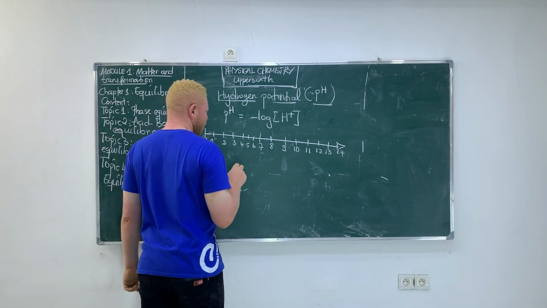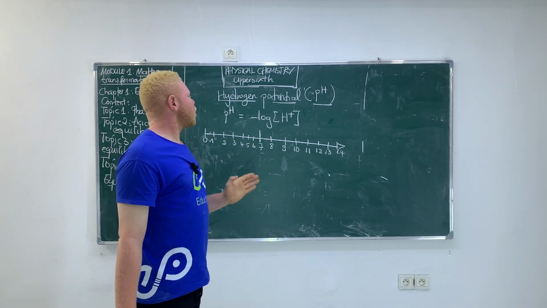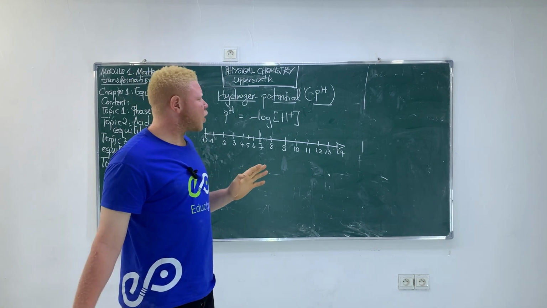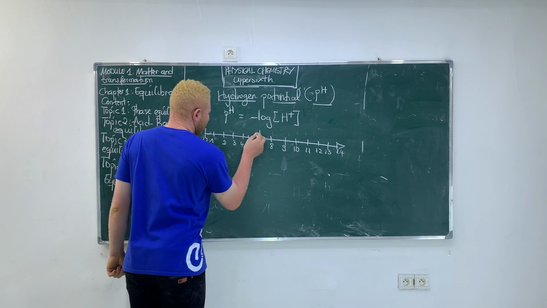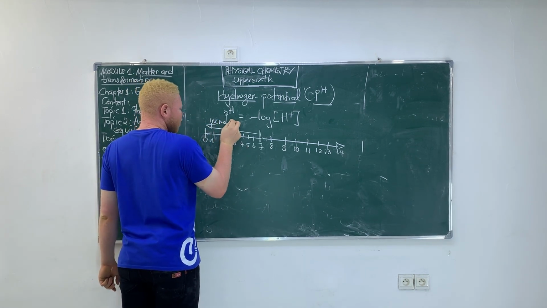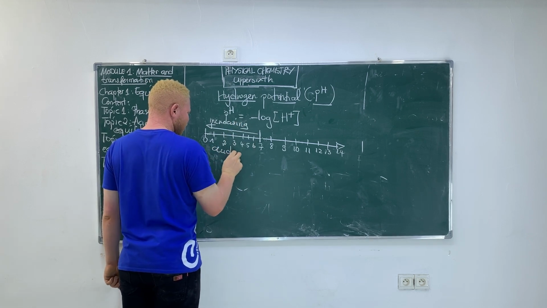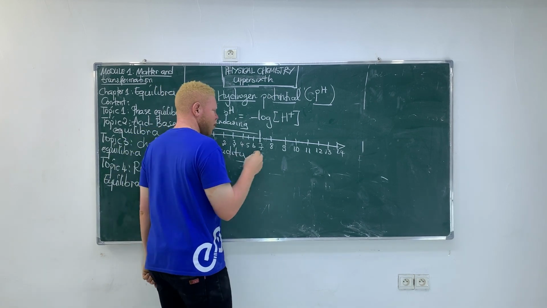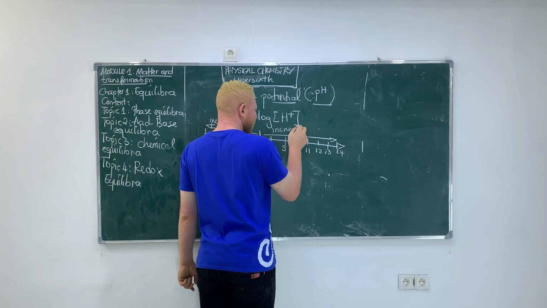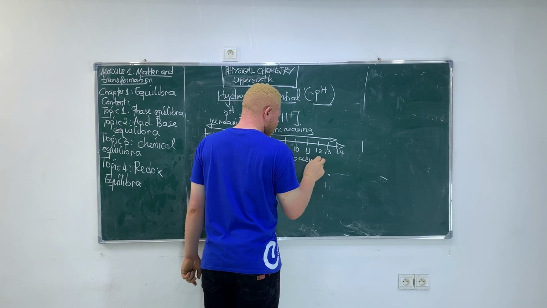So the pH scale starts from 0 to 14. Substances with pH less than 7, all of these, are acidic solutions. Increasing acidity, increasing basicity.